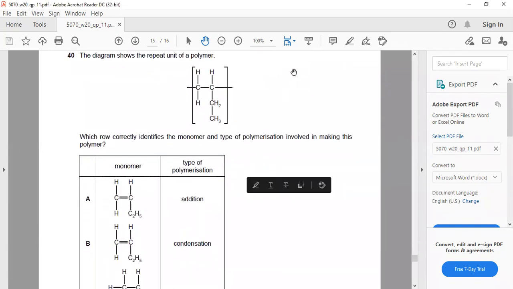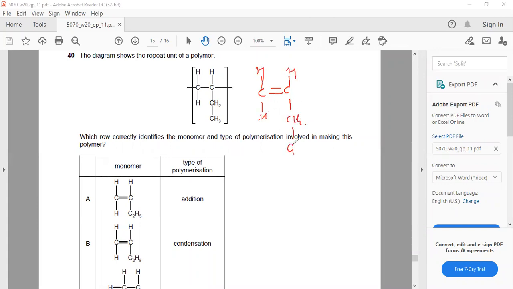40. You are given a polymer and the monomer should be like this. There will be a double bond only. This must be the monomer, and addition polymerization should be there. It cannot be condensation because it's a carbon-carbon continuous chain.